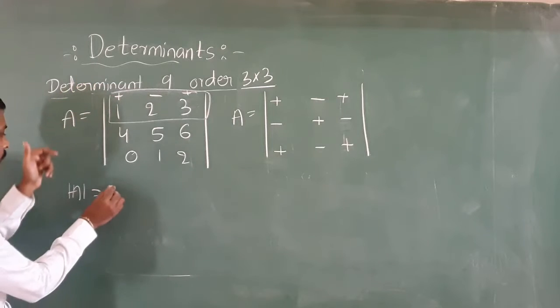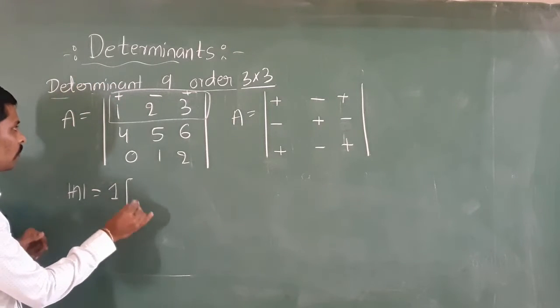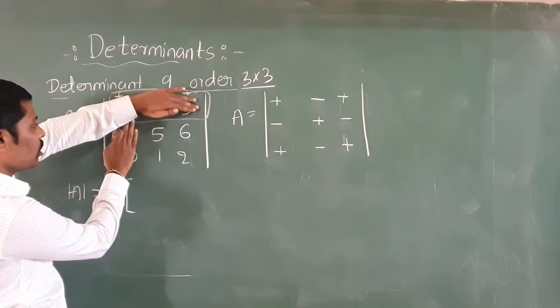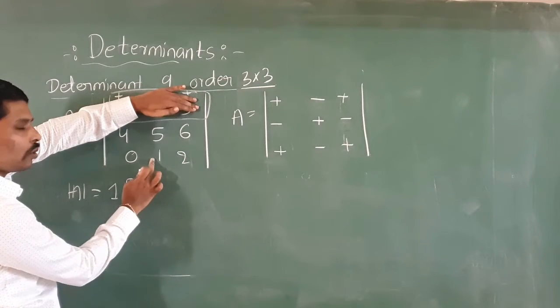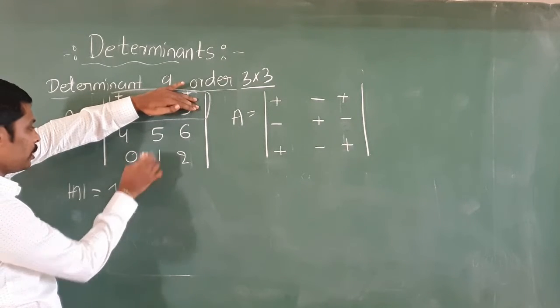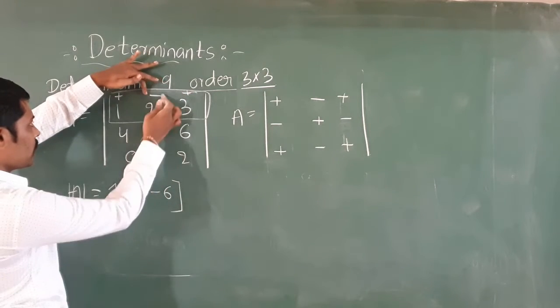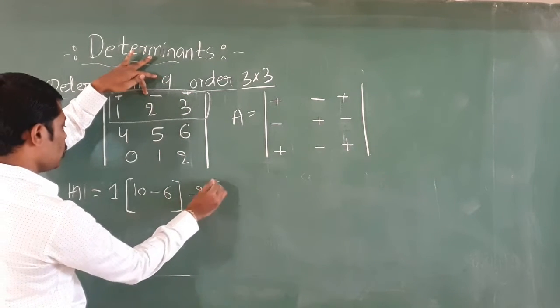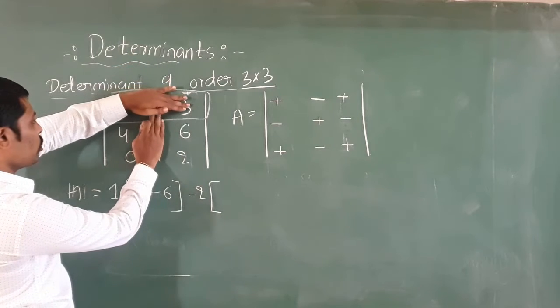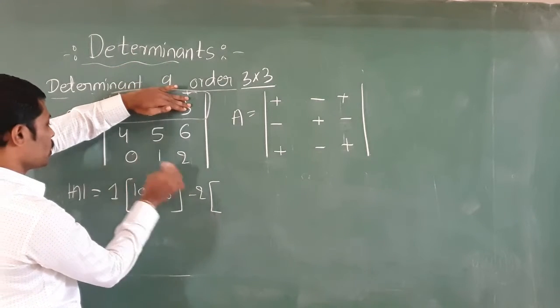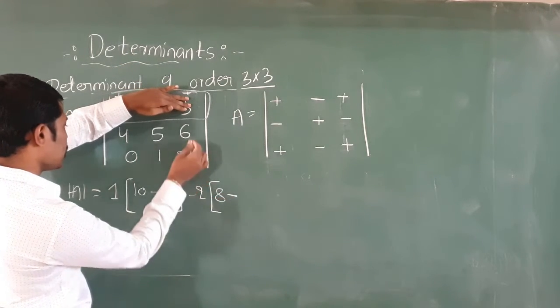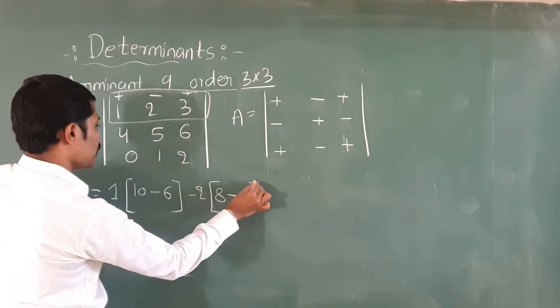Here plus 1 into, delete the corresponding row, corresponding column, what you will get: 5, 6, 1, 2. You know how to evaluate. 5 into 2 is 10 minus 6. Next, the second one is minus 2 into, delete the corresponding row, corresponding column, what you will get: 4, 6, 0, 2. 4 into 2 is 8 minus 6 into 0 is 0.